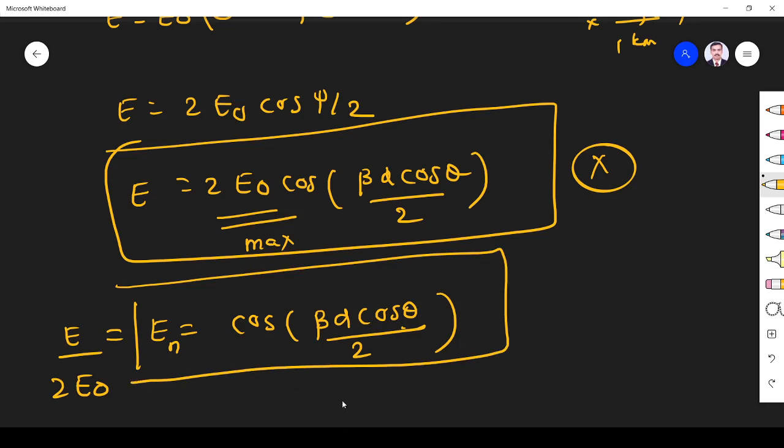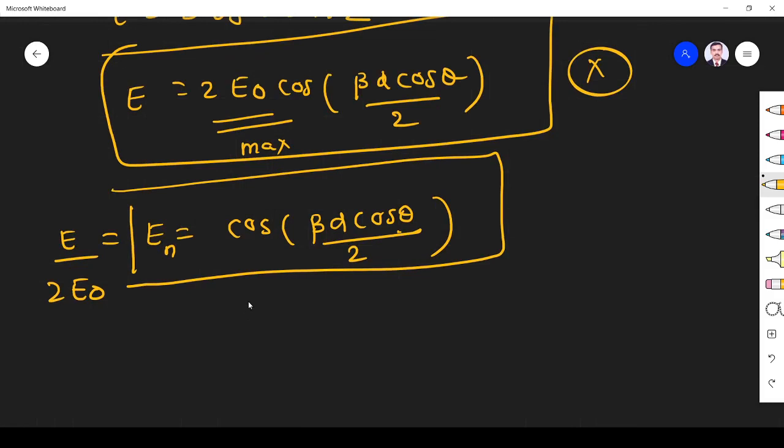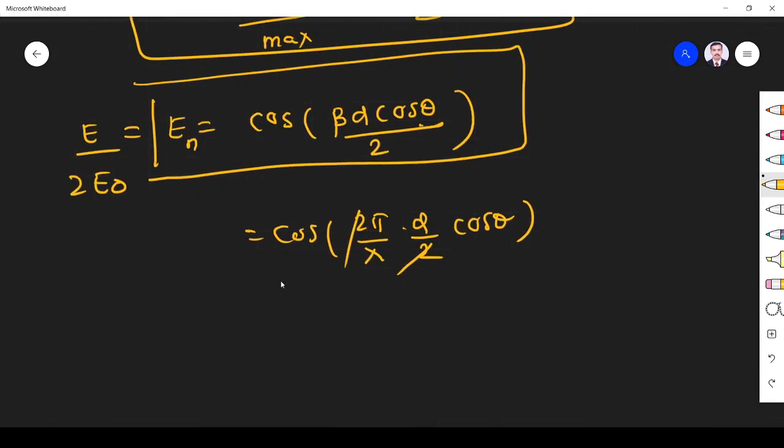Now we know beta is equal to 2 pi by lambda. So beta d, with d being the distance between the point source and the reference antenna, right? So d is equal to lambda by 2.